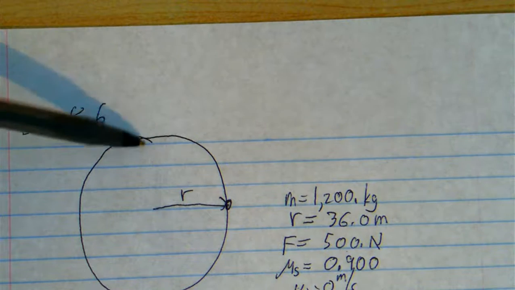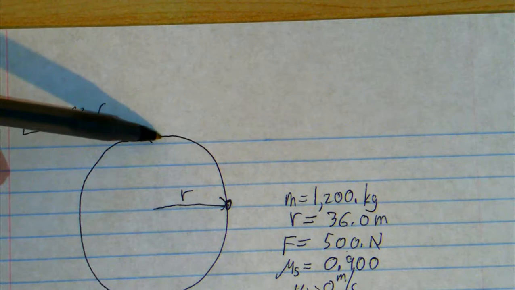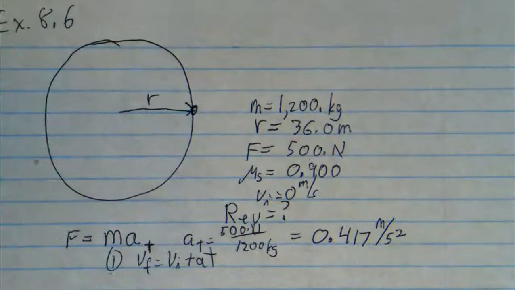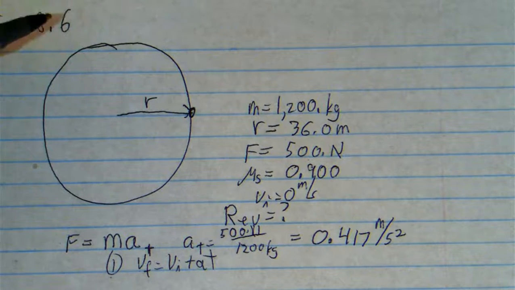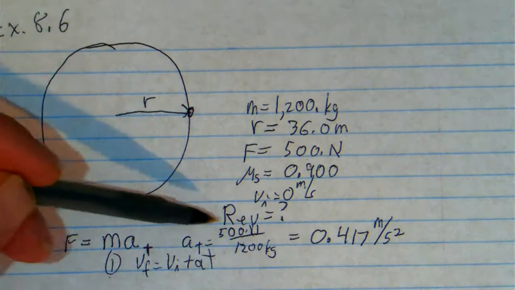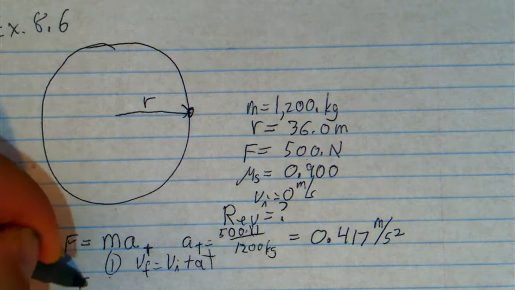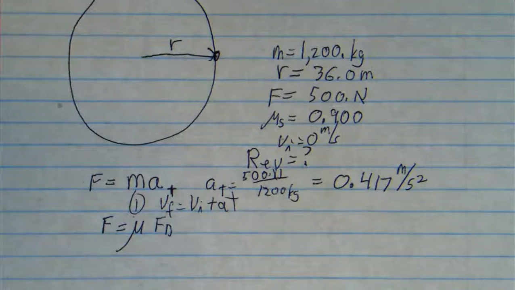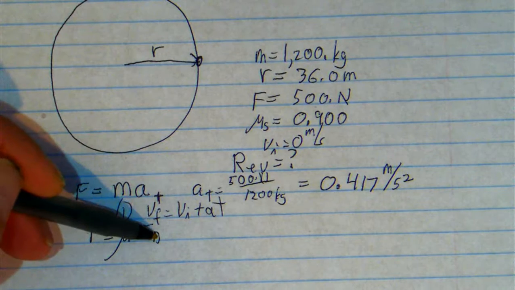At some point, the car will be going so fast that there will not be a sufficient static force applying the necessary centripetal force to keep it in a circle. The amount of static frictional force available is equal to mu times the normal force. Well, the normal force is the weight of the car.